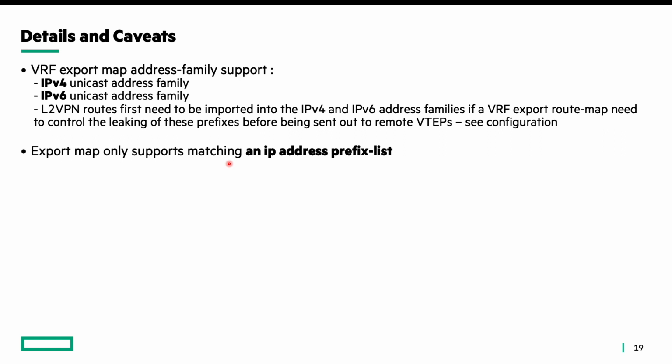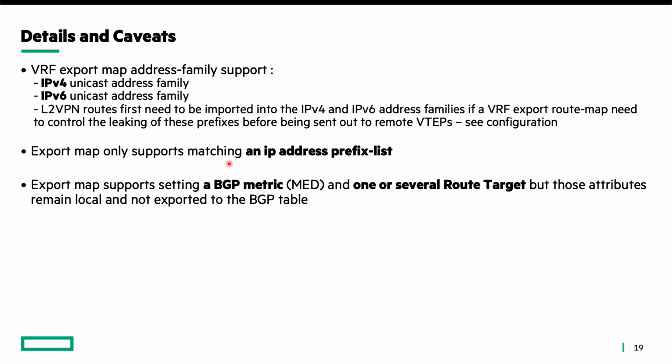So, BGP VPN. The export route map, in terms of matching command, supports only an IP address prefix list. In terms of set action, we can set a metric, the multi-exit discriminator in BGP, and we can add one or several route targets, a list of route targets.